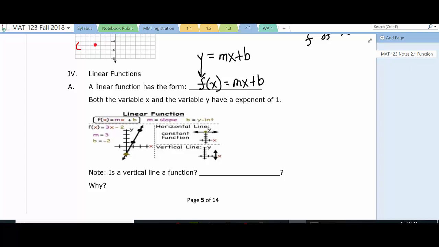So that's not a function. A linear function is going to be a function except when it's vertical. So is a vertical line a function? That would be no, just because it fails the vertical line test. So a linear function is a function except in that one case.